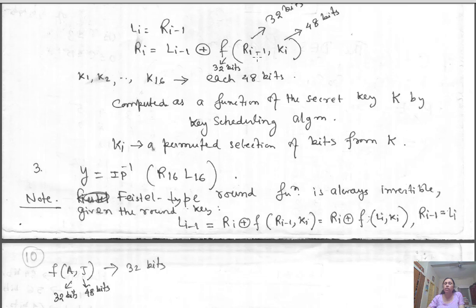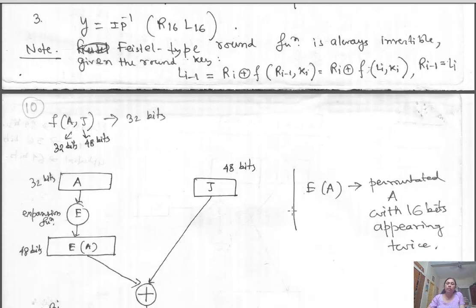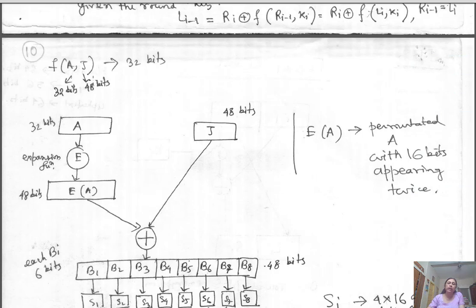Ri you already know, Li you already know, and Ki. So if you know Ki, you can always recover Li minus 1, Ri minus 1 from Li, Ri. This is an easily invertible function. Now, how to construct this function F? It will output 32 bits.